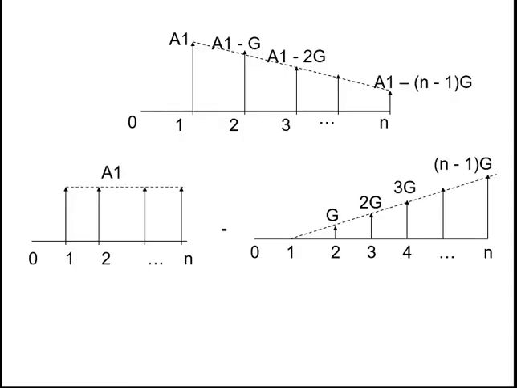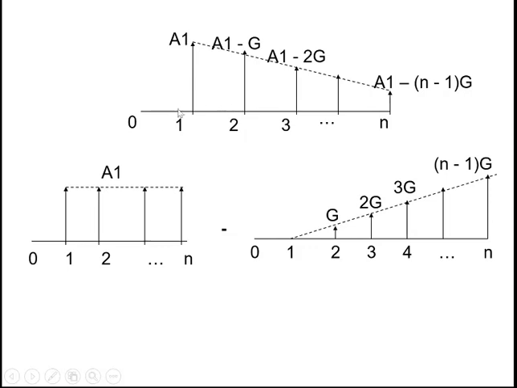Look at this cash flow diagram. Here the value in each period is decreased by an amount of t. At period 1, the cash flow is A1.